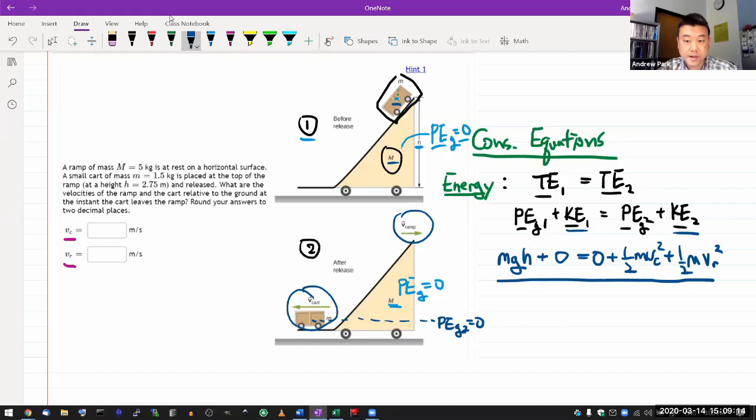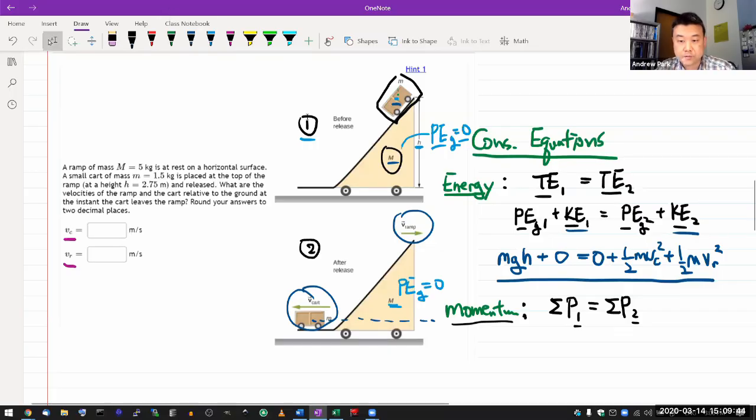Now I need to write down conservation of momentum. The way all the conservation laws are written down is the same. You have the conserved quantity, and you start out with a statement that the total of that quantity at one part of the snapshot is equal to the total of that quantity in another part of the snapshot, snapshots 1 and 2.